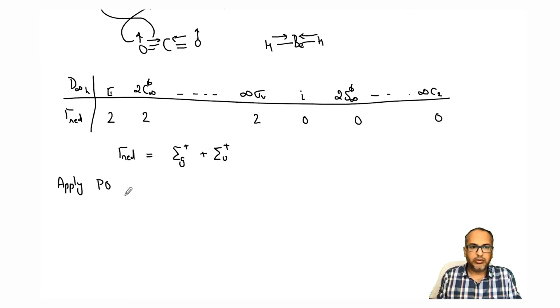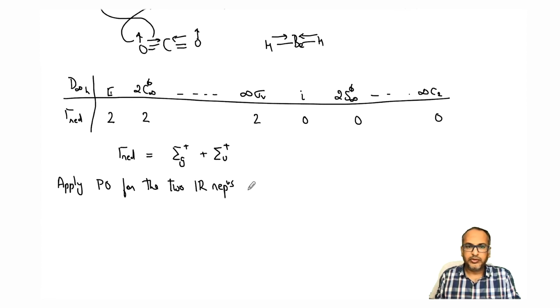So apply the projection operator for the two irreducible representations on the 1sA and 1sB orbitals of HA and HB.